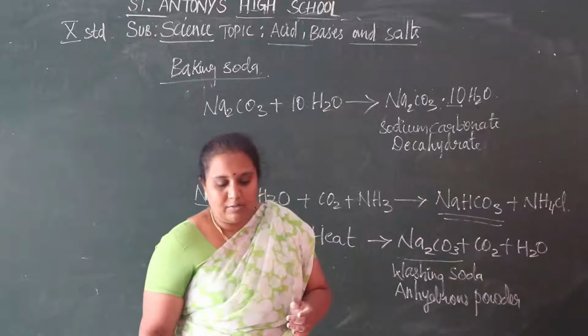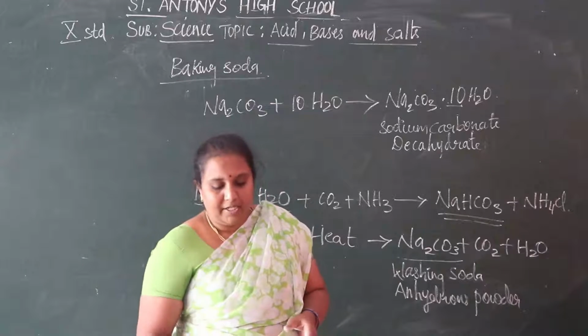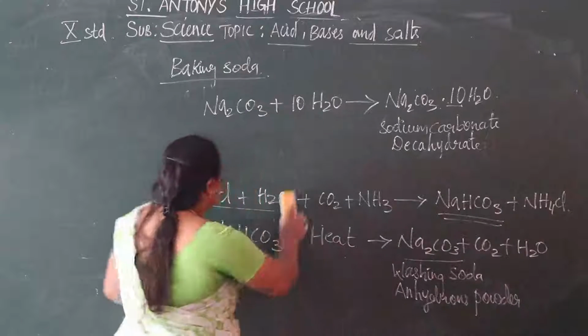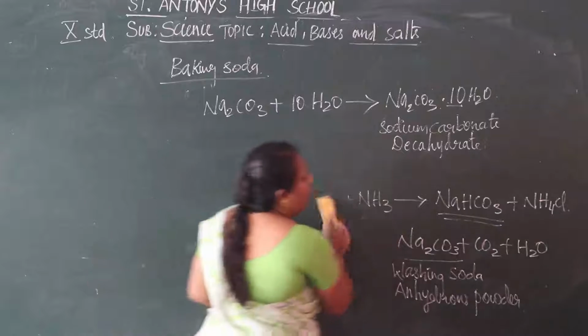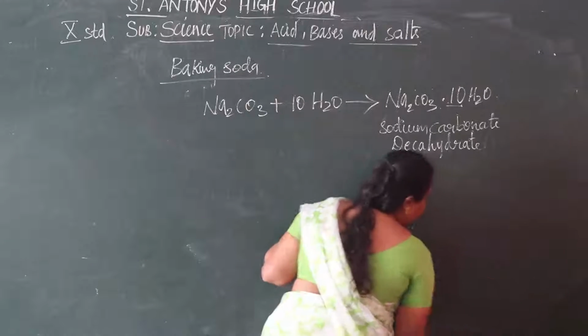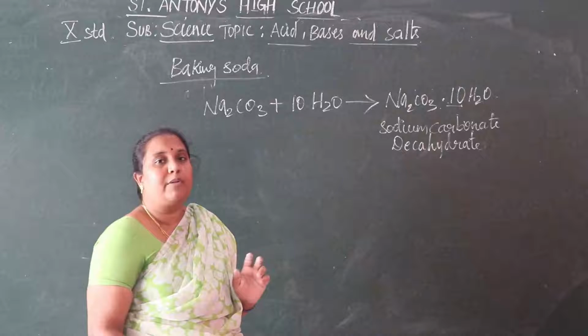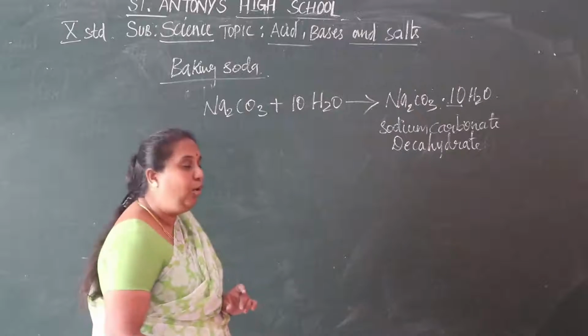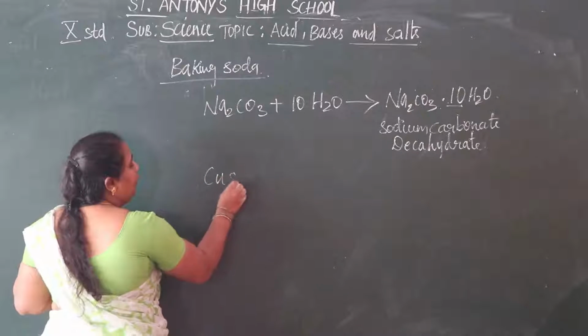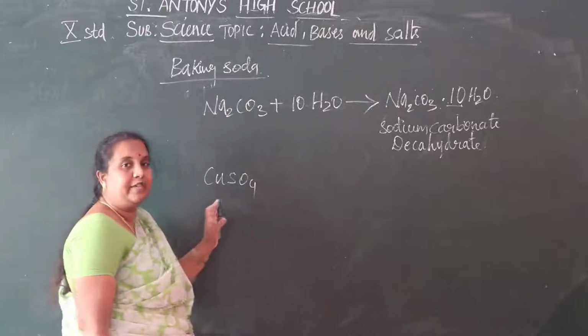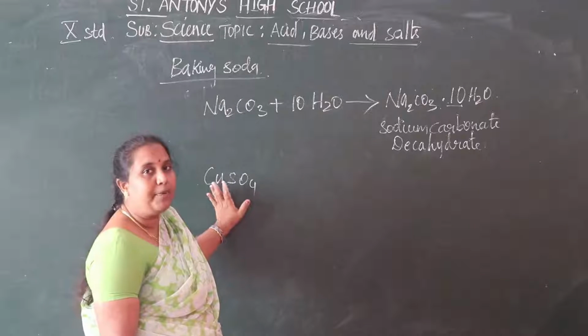In the same way, we have copper sulfate pentahydrate also. Do you know the molecular formula of copper sulfate, children? What is the molecular formula of copper sulfate? CuSO4. This is anhydrous copper sulfate.